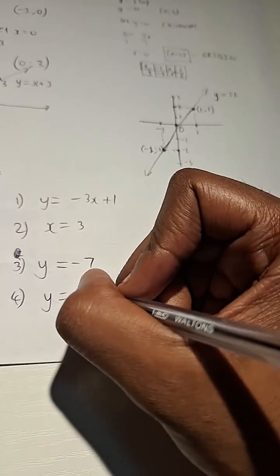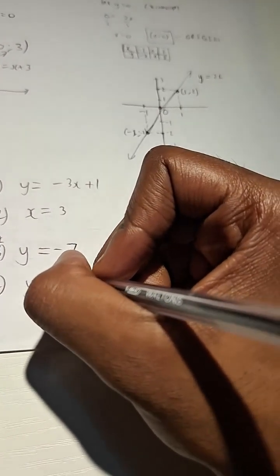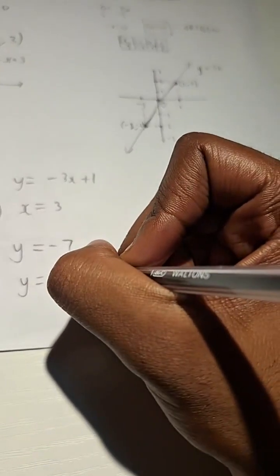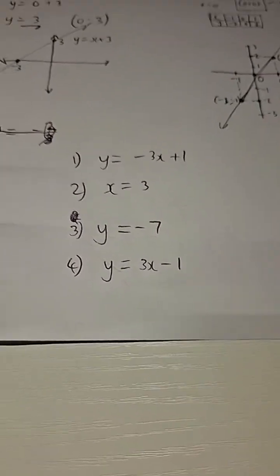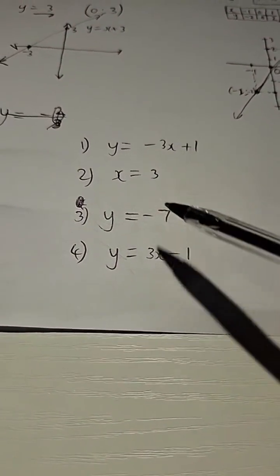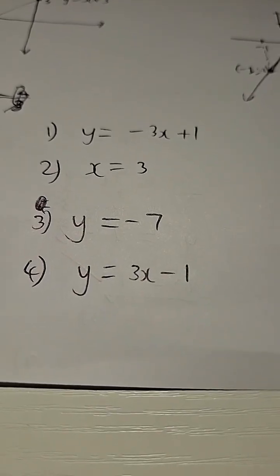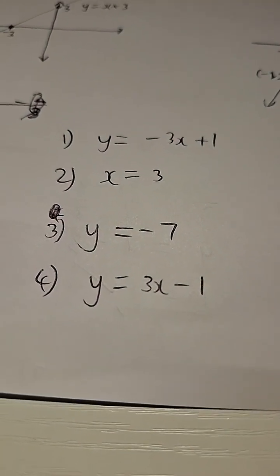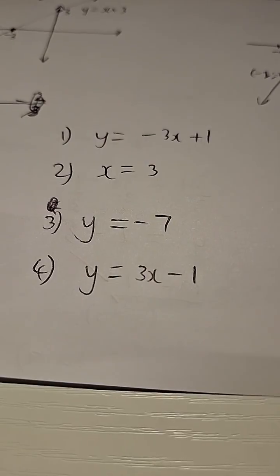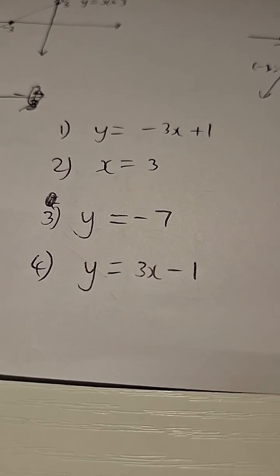And then to really show me that all is well and that you really get it, you are going to sketch this one. So sketch these 1, 2, 3, 4 for me. I wanna see if you guys can do that. I'm gonna give you 5 minutes to sketch all 4.